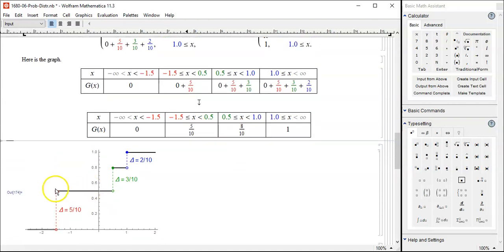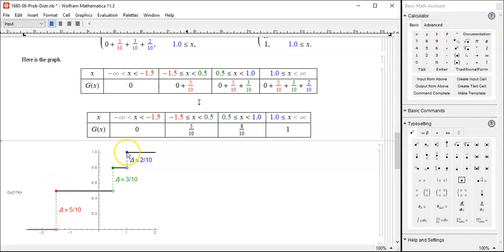And between negative 1.5 to 0.5, probability is 5/10, so steady at 5/10. And then between 0.5 and 1 here, the probability is 8/10, so steady at 8/10 horizontally. Finally, greater than or equal to 1.0, constantly 1, so horizontal like this. As usual, left-hand side endpoints are included.